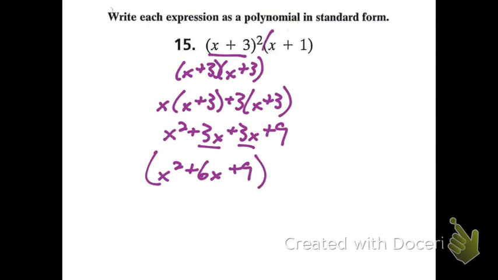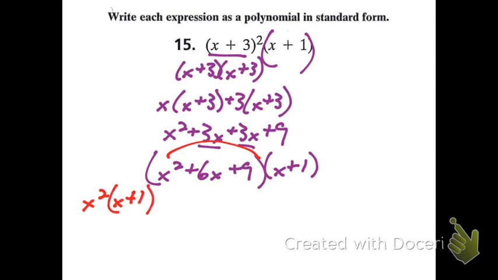And then that's going to be multiplied by this bad boy right here. All right, changing the color, make it easier to read. So x squared times x plus 1 plus 6x times x plus 1 and plus 9 times x plus 1.